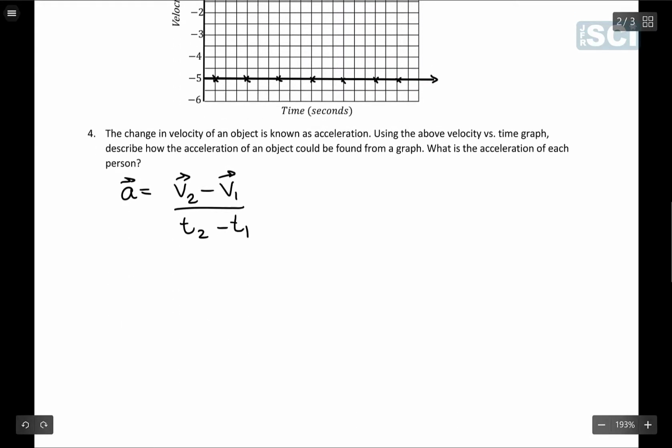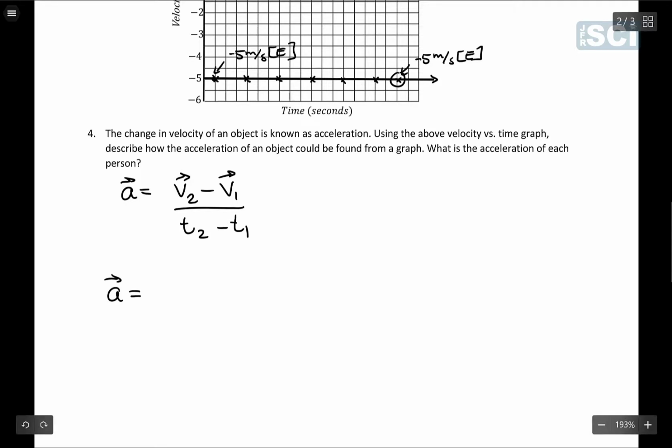I'll take person 1 and say that their final velocity at this point right here was negative 5 meters a second east. And their initial velocity, let's say at this point, is negative 5 meters per second east.